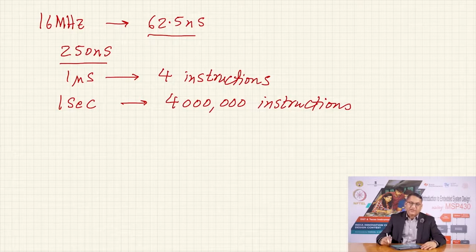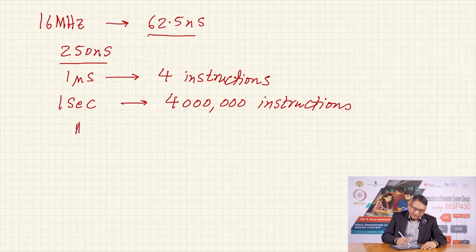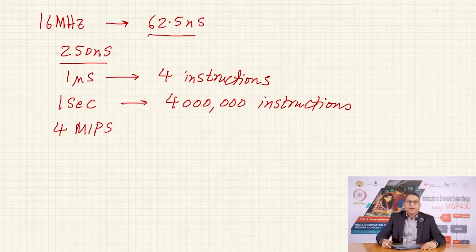It is often expressed like this, that for a reference program where we have assumed that each instruction will take 4 clock cycles, this MSP430 microcontroller can perform 4 MIPS. That is, it can execute a program at the rate of 4 million instructions per second. Now, that is a large number.